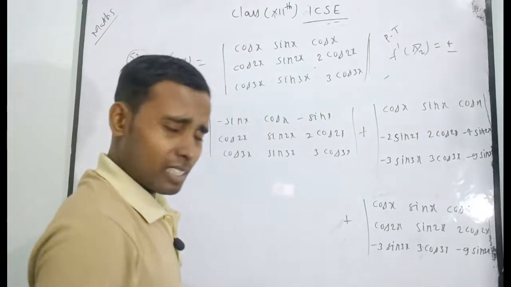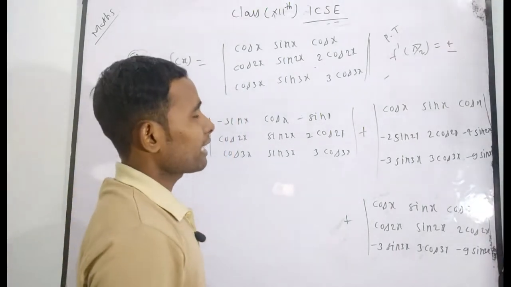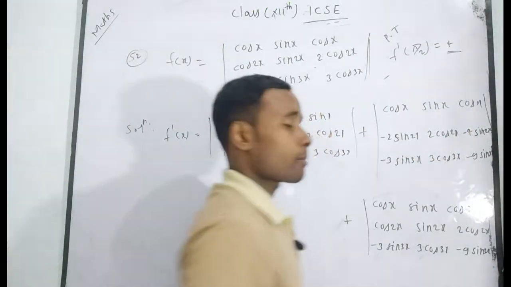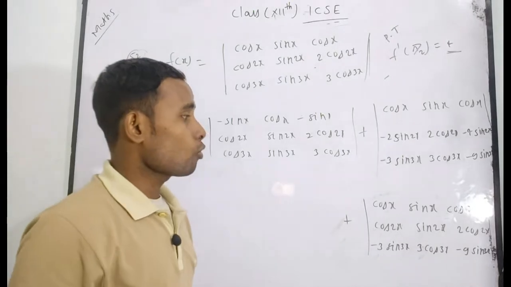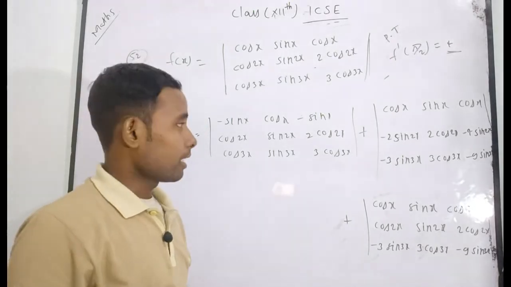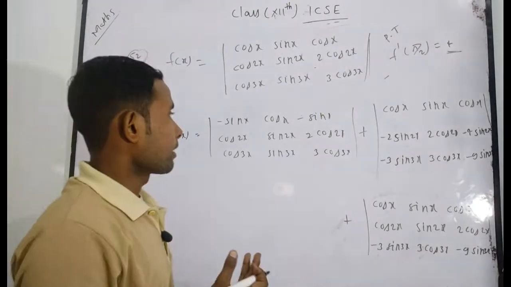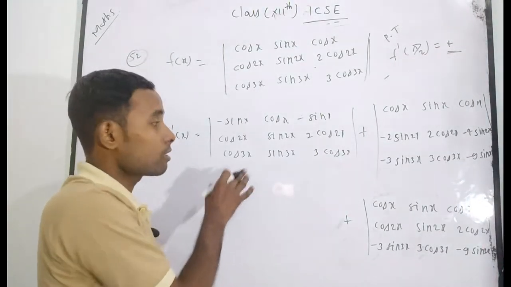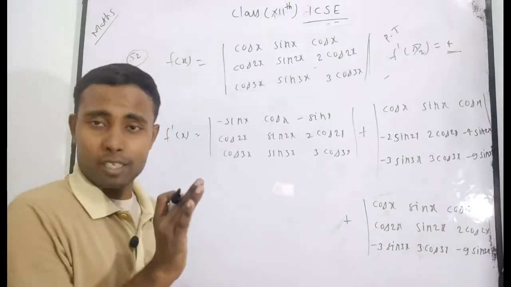Now you have to show that f dash pi by 2 is equal to 4. Sometimes students make mistakes by going fast, so if you try to evaluate the determinant, it will be more complicated. Why?